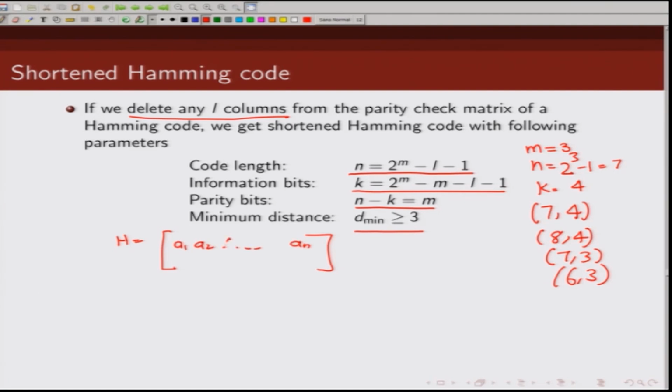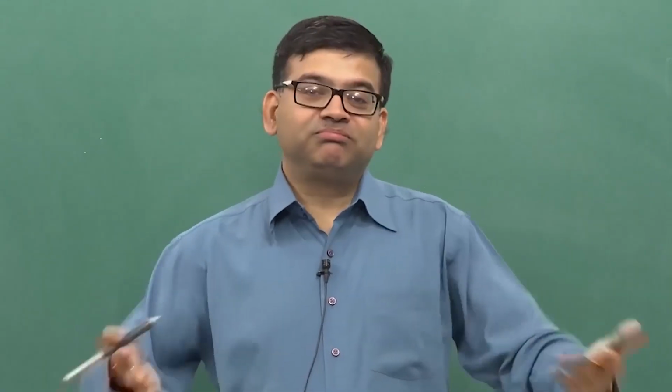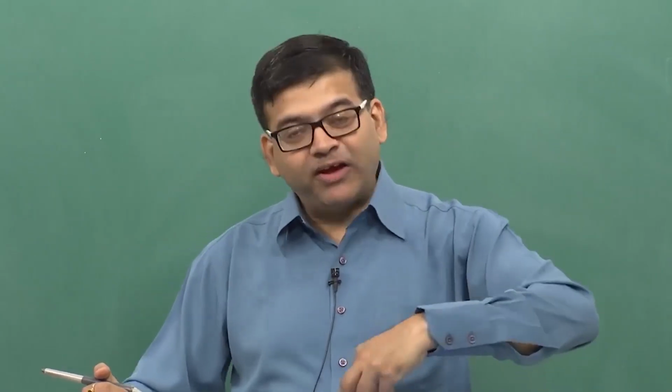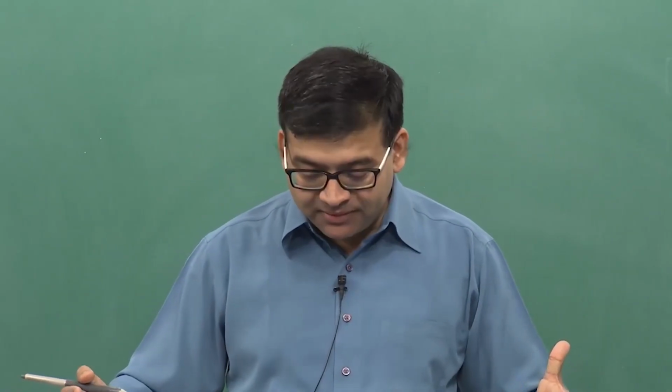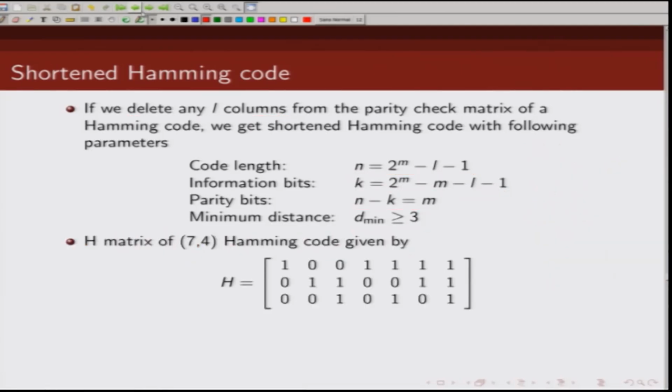Now, if I am removing some of the columns, I can carefully remove those columns which are causing the sum of, let us say, D columns to be linearly dependent. So, if I remove some of those columns, I can possibly increase my minimum distance, and that is why I wrote that whenever you delete columns from the parity check matrix, the minimum distance is at least what was there in the original code. This is one example of a 7/4 Hamming code.